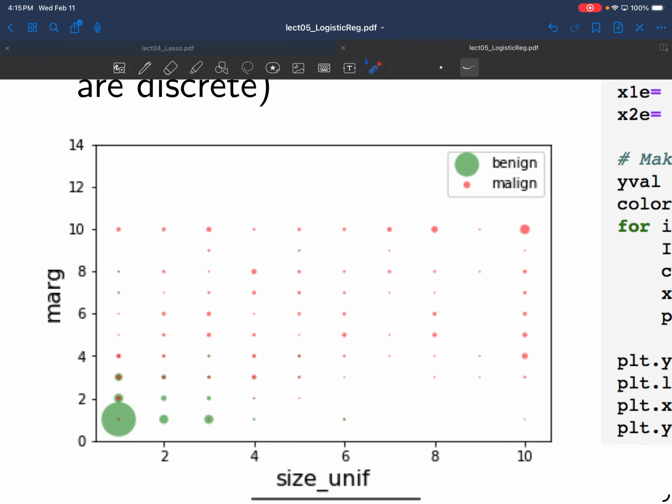Okay, we have a pair of parameters. Let's say I give you a location on this graph and we want a predictor that says whether that location is malignant or benign. What does that translate into at the end? If both factors are low, it's probably benign. If both factors are high, it's probably malignant. Yeah, exactly. And how do we make that even more concrete?